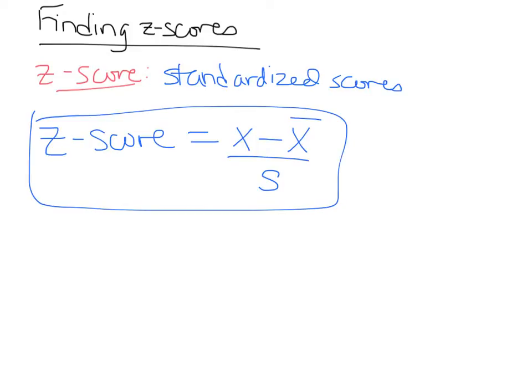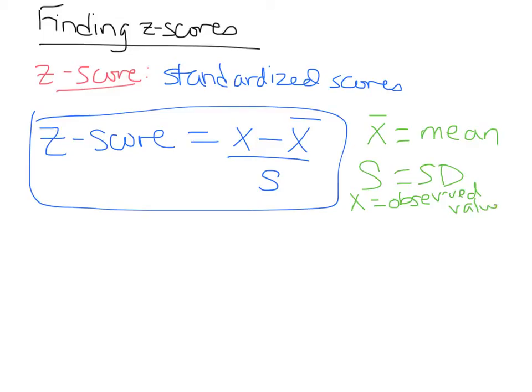And in this case, my x bar is going to be my mean. My s is going to be my standard deviation. And my x is going to be my observed value. And I'll give an example to explain how to actually use that formula.